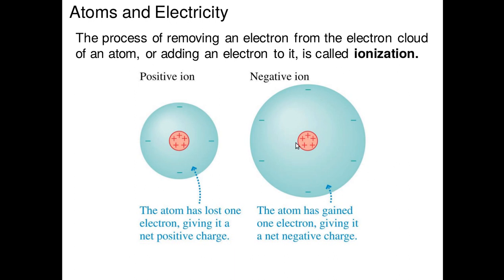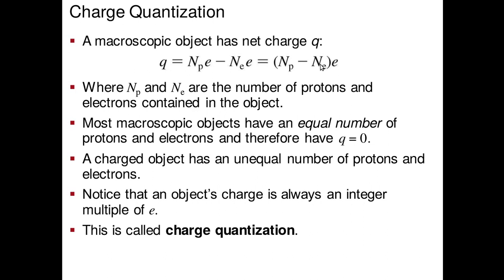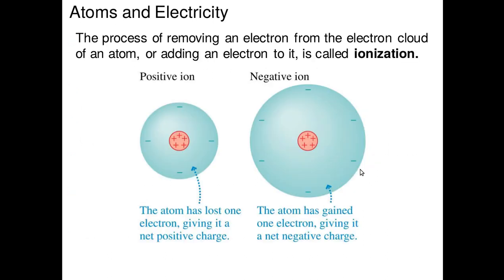Similarly over here, if we gain an electron, we have one more electron than we have protons, so the net charge would be negative. This number would be negative, and its charge would be negative e. So concerning the charge, it would act as though it's just one extra electron.